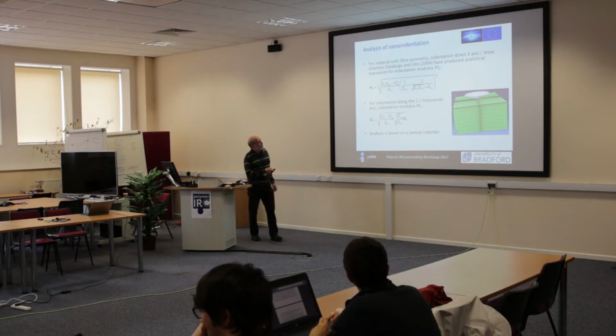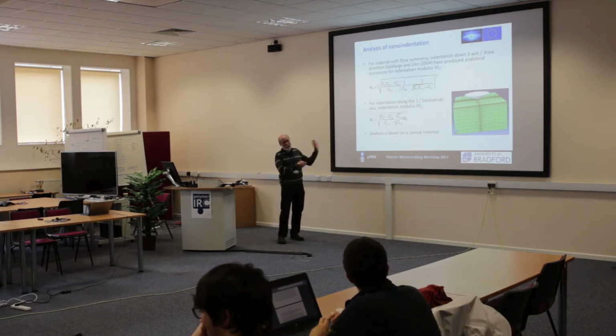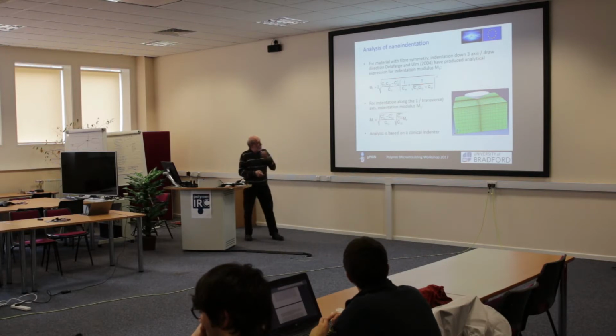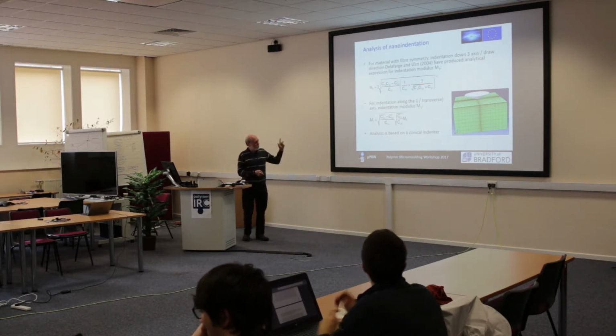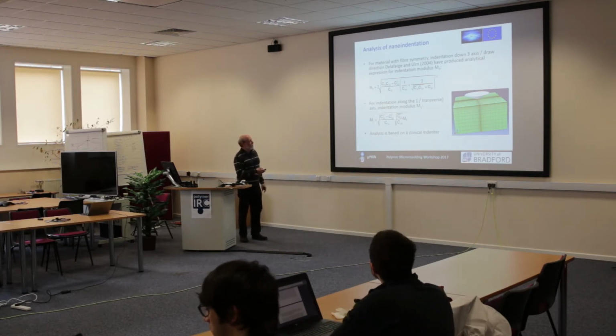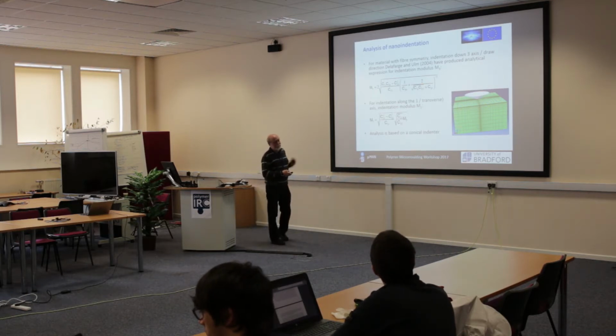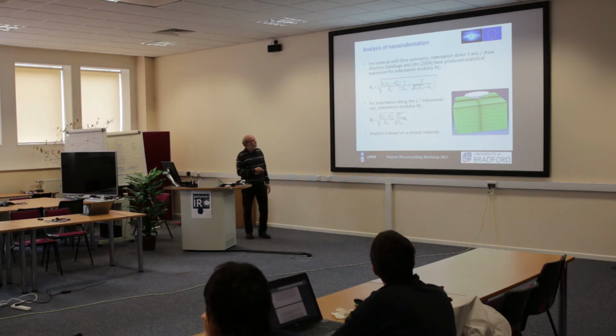So M3 means I'm taking 3 as a draw direction, so M3 is the modulus when indenting along the draw direction. The only other possibility for these formulas is M1, which is for indenting along the transverse direction. So we've got these two formulae.